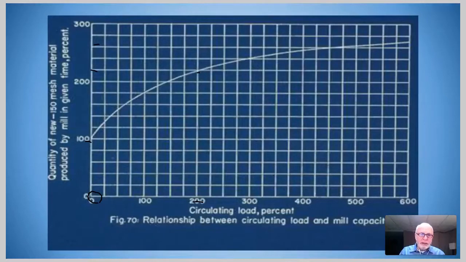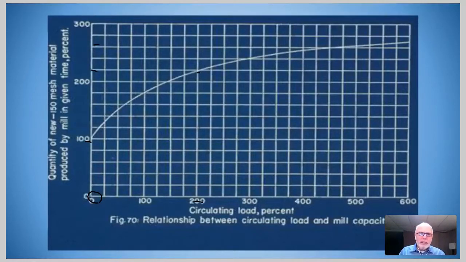You'll note that the Davis curve levels off towards the right, is starting to flatten out, but in fact continues to increase ever slowly as you increase the circulating load even up to 700–800% and beyond. We've measured the classification system efficiency in a plant that was operating with a circulating load of near 1,000%, and it was near 90%, the highest we've ever measured.